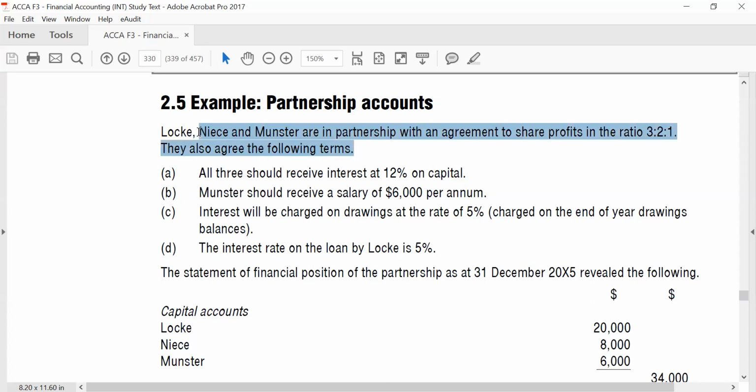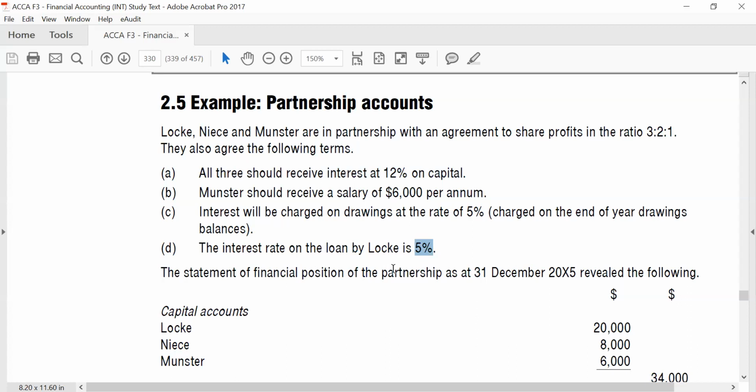They also agree to the following terms. All the 3 should receive interest at 12% on capital. Monster should receive a salary of 6,000 per annum. Interest will be charged on drawings at a rate of 5%, and this is charged on the end of year drawings balances. The interest rate on the loan by Loki is 5%.